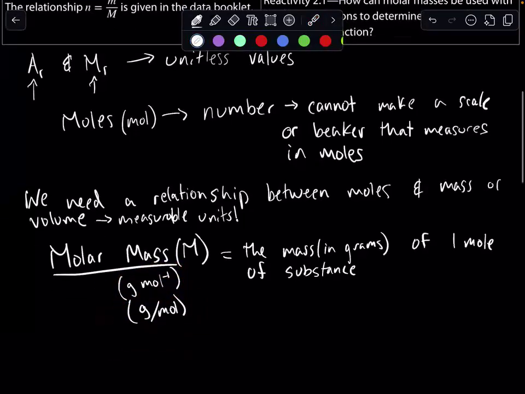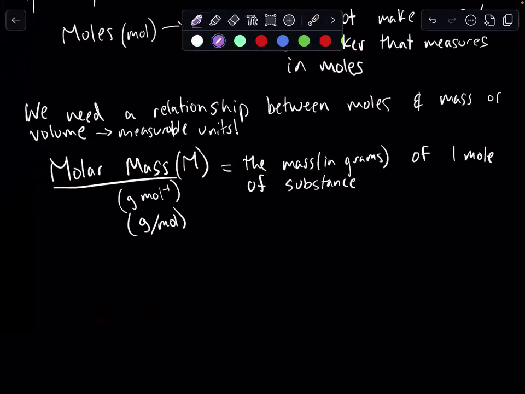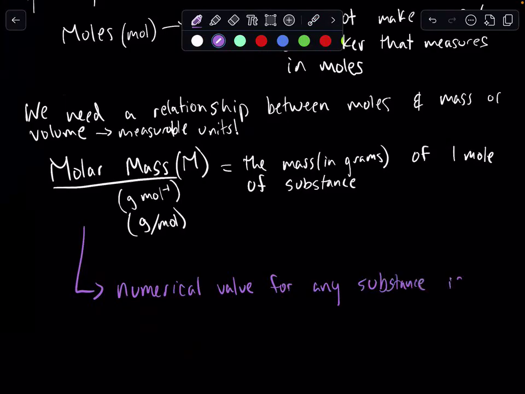All right. Now, the beauty of molar mass is that the numerical value for any substance is equal to its relative mass.